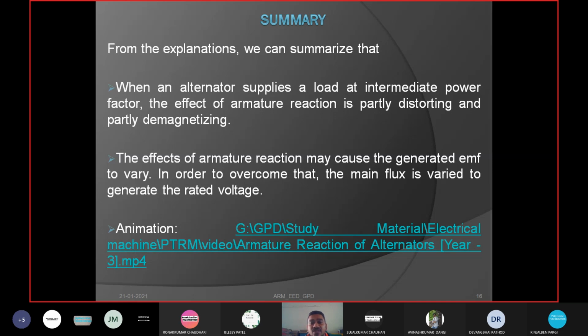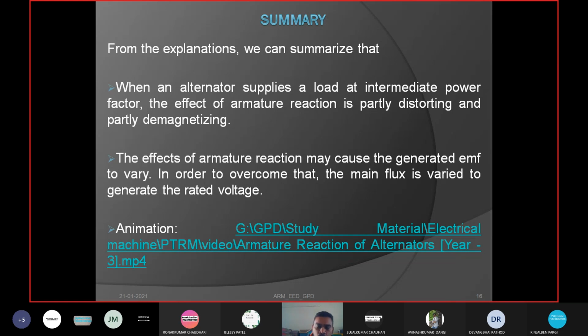The effects of armature reaction may cause the generated EMF to vary. For the demagnetizing effect, the generated EMF will reduce. For the magnetizing effect, the generated EMF will increase. So in order to overcome this, the main field flux is varied to generate the rated voltage. That means we have to adjust the excitation of the field.